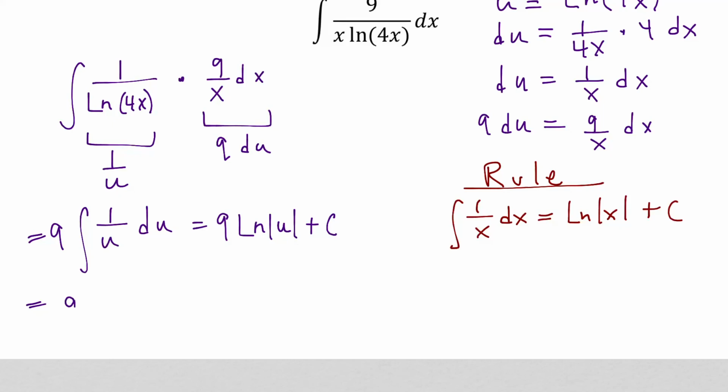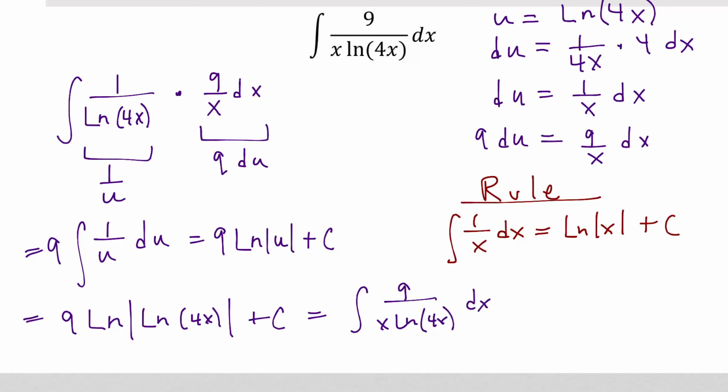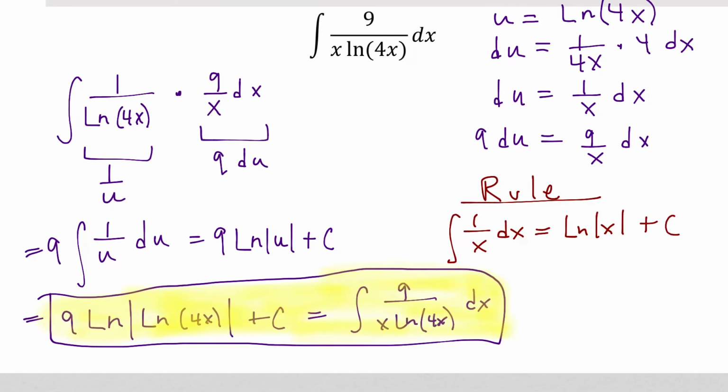So that's 9 times the natural log of u. u itself is a natural log. So that goes inside the bars, plus c. Okay, so that's how we would write our answer. So that's equal to our original integral, and there we have it.